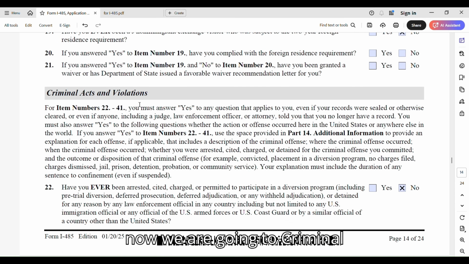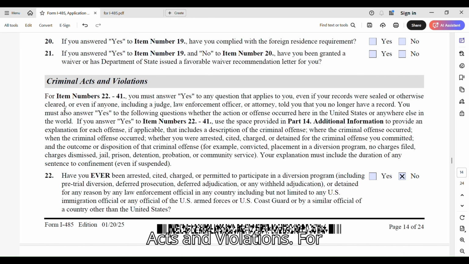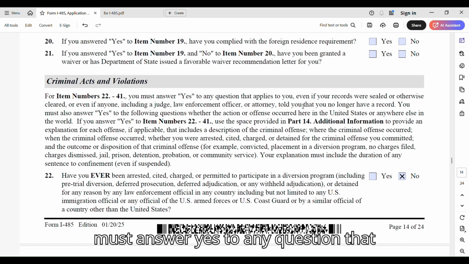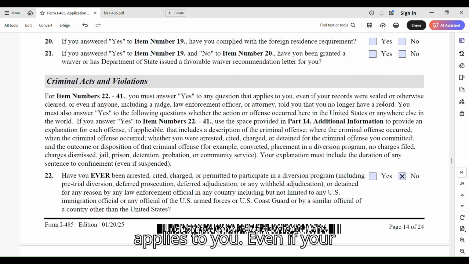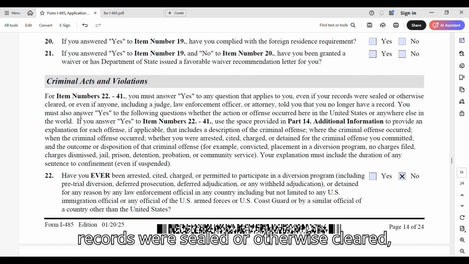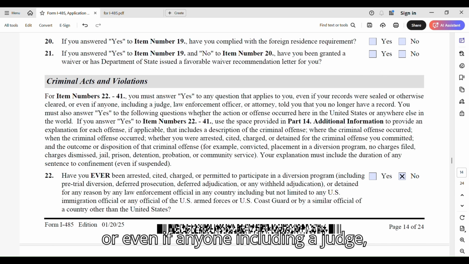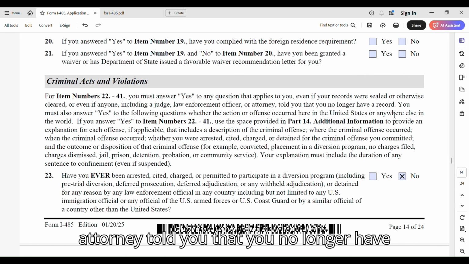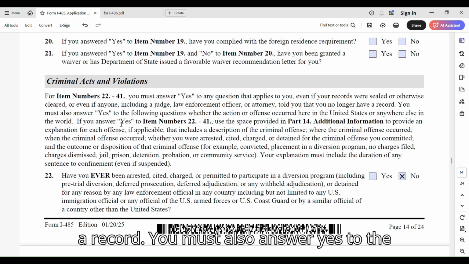Now we are going to criminal acts and violations. For items number 22 to 41, you must answer yes to any question that applies to you, even if your records were sealed or otherwise cleared, or even if anyone, including a judge, law enforcement officer, or attorney told you that you no longer have a record.